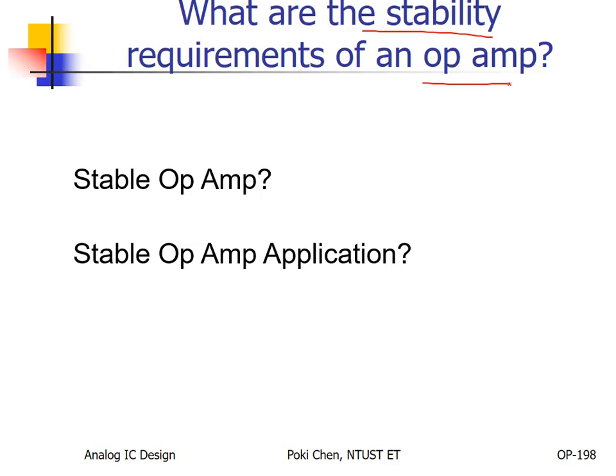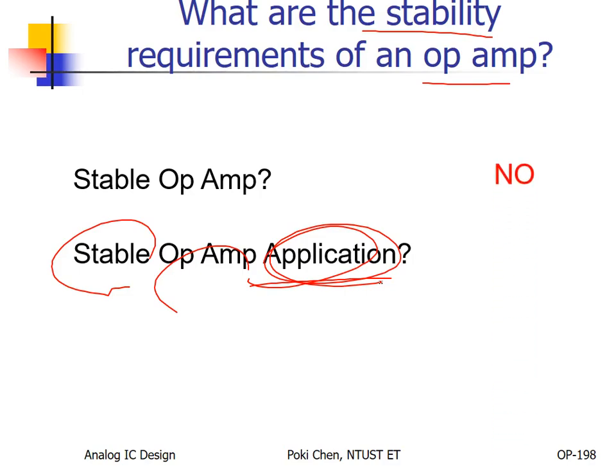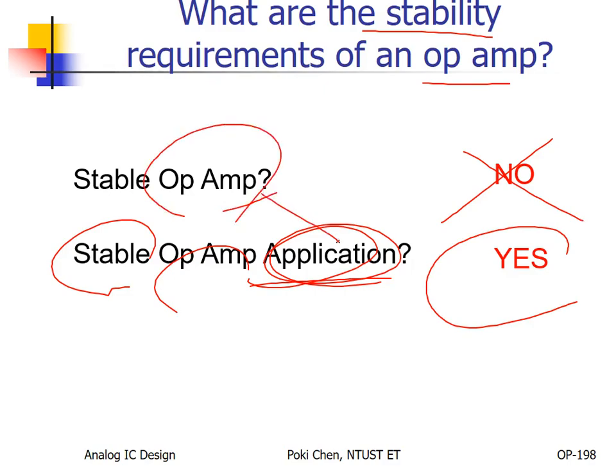Maybe not, right? Because the final purpose is to get a stable op-amp application. The application needs to be stable, otherwise you will oscillate. It doesn't make any sense. So definitely, in theory, this is yes, and that is no. In theory, do you need a stable op-amp to get a stable application?